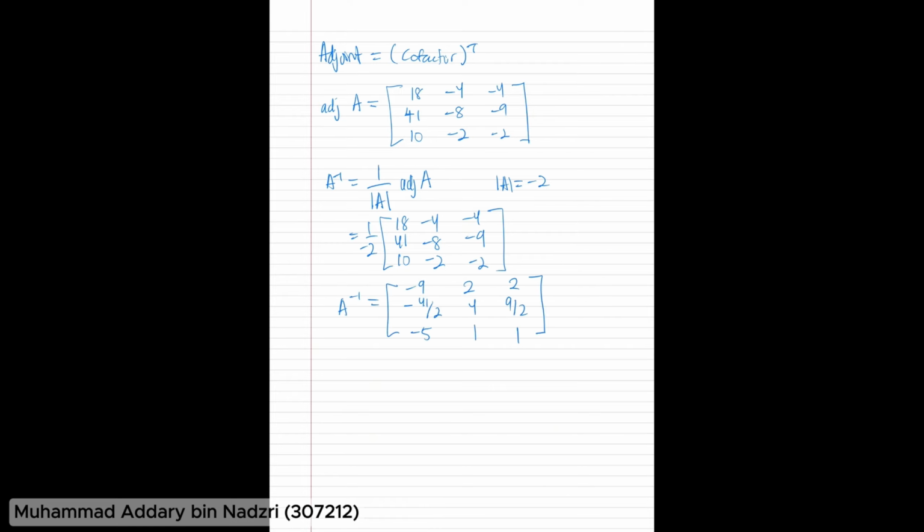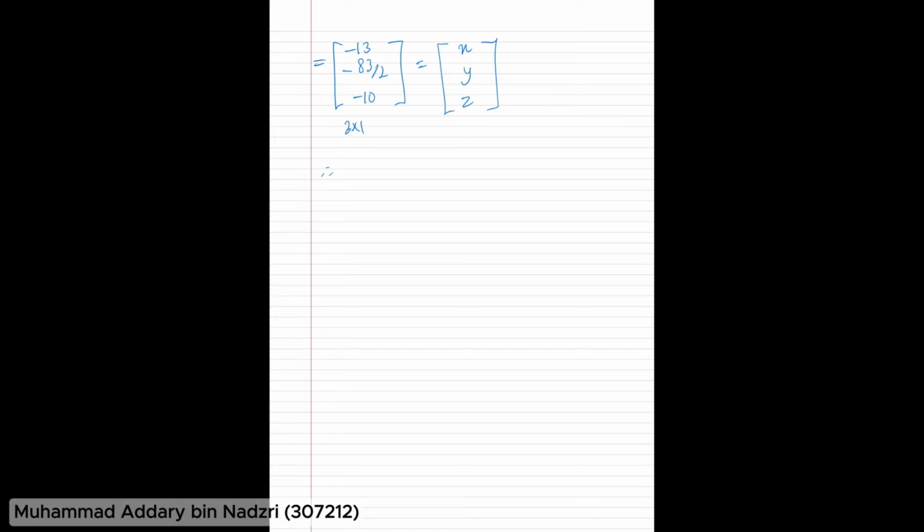Now, to get our final answer, we use the equation of x equals to A inverse times B. So what we're going to do is with the matrix of B, which is now our final answer would be, therefore, we can equate this to our variables, x, y, and z.